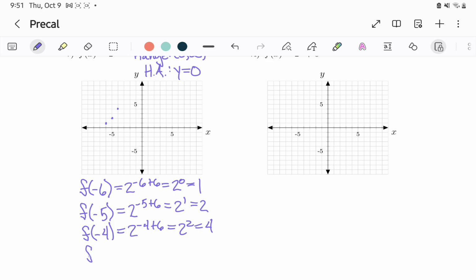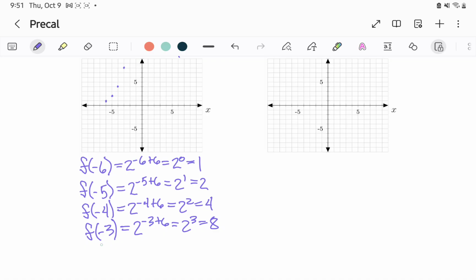And then f of -3, if you're noticing a pattern here, you can probably already guess this is going to equal 2 cubed. So it's going to equal 2 to the -3 plus 6, which equals 2 cubed, which is going to be 8. So it's going to go through the point -3, 8.